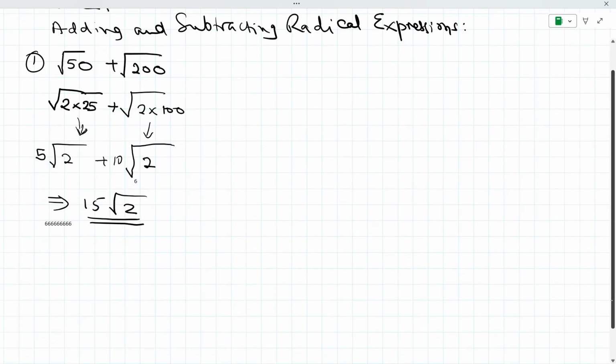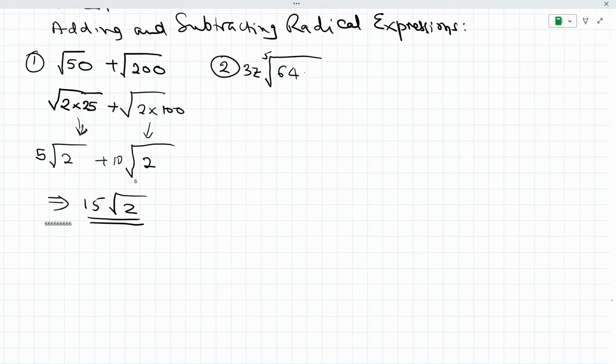Example number 2 says 3z times the fifth root of 64z, minus 2 times the fifth root of 2z to the power 6.